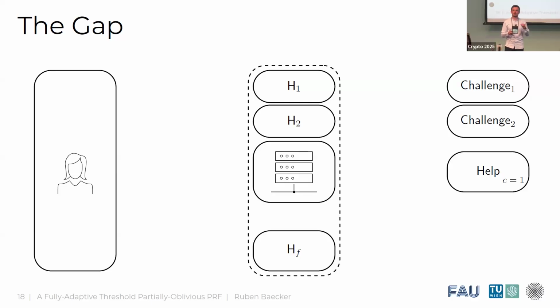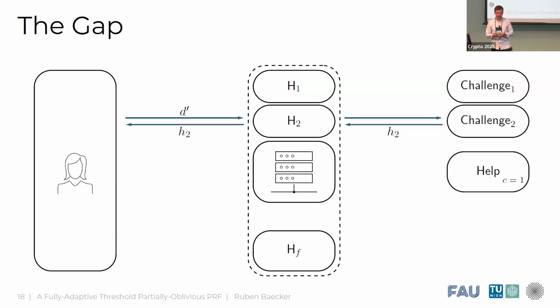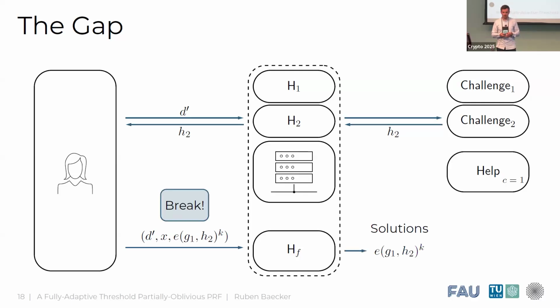And instead, I'm going to start a second one. And this time with a different domain. So we once again return a challenge element. He is now somehow magically able to obtain a solution without the interaction with the server. And that is a break. And we can actually extract the solution from the final hash function.